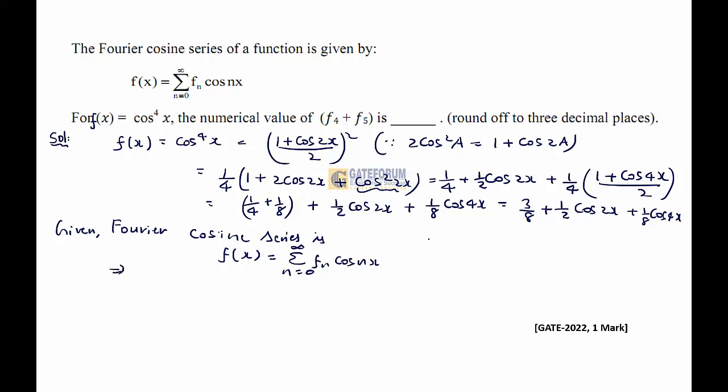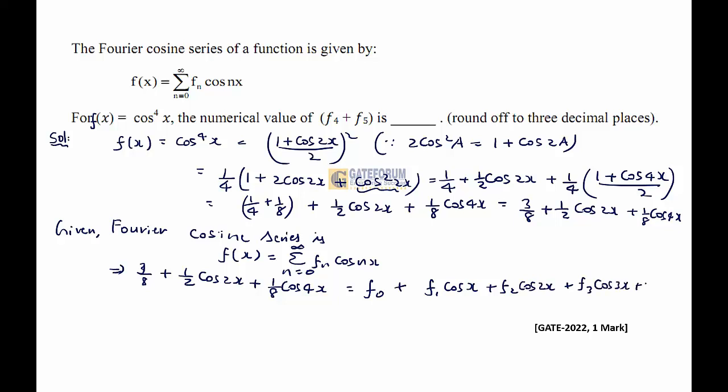For this f of x I can use the above: 3 by 8 plus 1 by 2 cos 2x plus 1 by 8 cos 4x, and expand the summation by giving values for n one by one: f0 cos 0, next f1 cos x by putting n equals 1, f2 cos 2x, next f3 cos 3x, plus f4 cos 4x plus f5 cos 5x, plus so on.